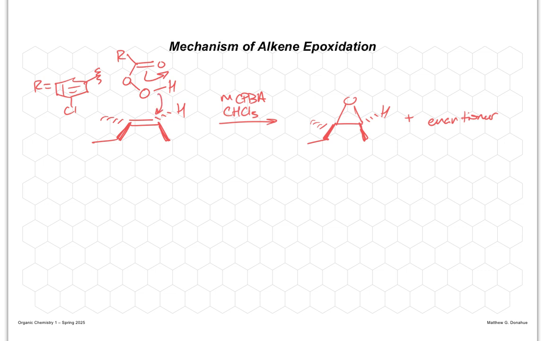So that forms a carbon-oxygen bond. The pi electrons are going to come back up and bond to that oxygen. And then we clip the OO bond, and that forms now a new carbonyl, so C double bond O. So the epoxide is formed.